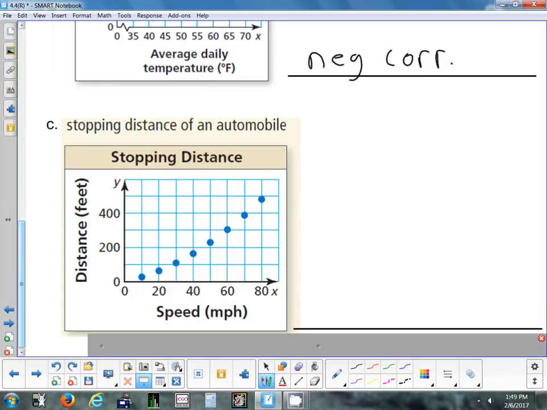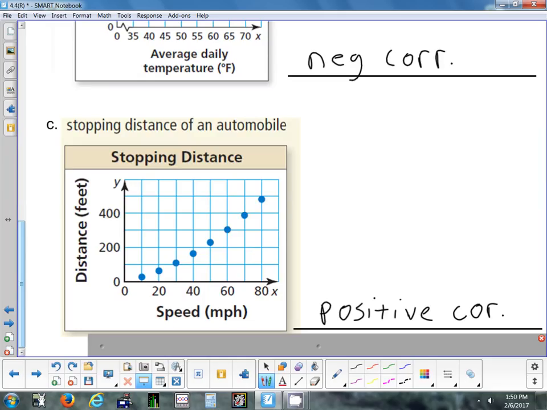And here, this looks like almost a straight line. It's a little bit of a curve to it, but a little bit of a straight line. So what kind of correlation here? Yeah, it's a positive correlation. And can somebody explain what that means here? There's a positive correlation between how fast you drive and how long it takes to stop.